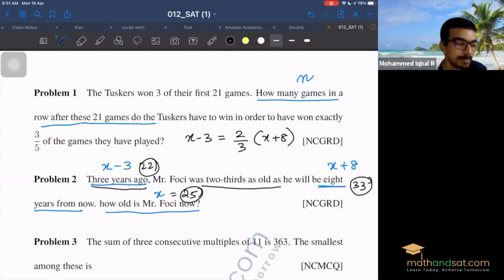Please understand carefully. Within a gap of 11 years, what really happens?